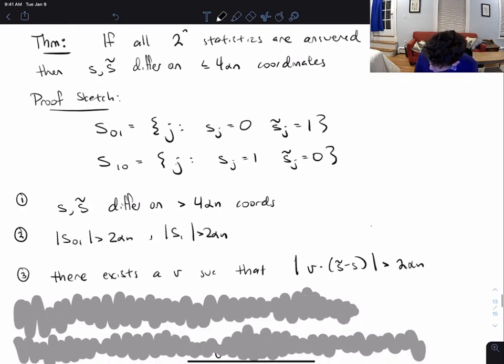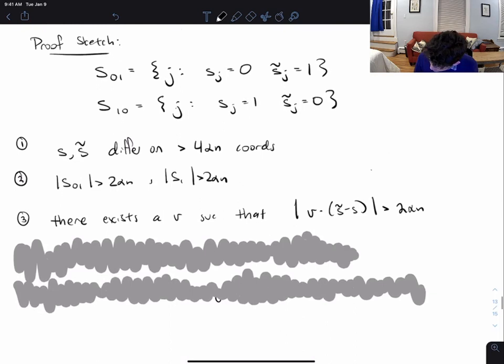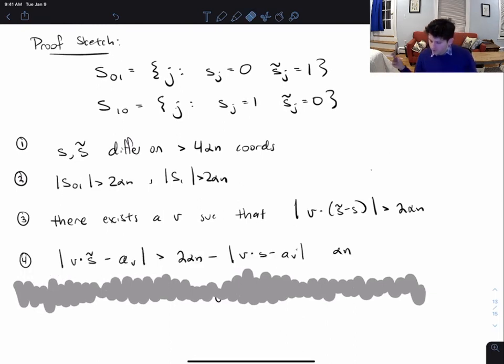So what does that mean? That means that, by the picture I drew last time, the difference between v dot s tilde and the answer we got to that query is at least 2 alpha n minus the difference between the answer we got and the answer on the true secrets.